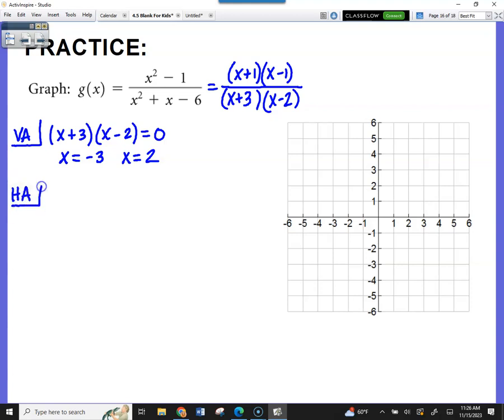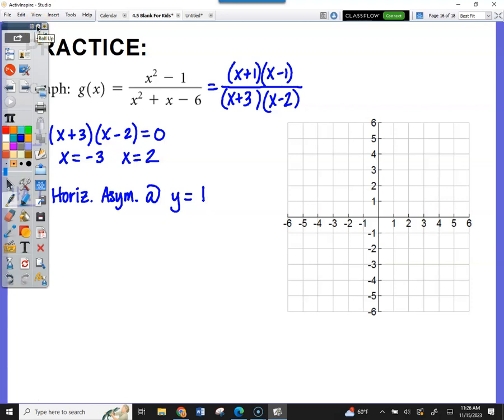Does it have a horizontal asymptote? Yes. Where? You know this one. It has a horizontal asymptote at y equals 1. If you don't remember how to get that, it's a leading term test. You check the degrees. It's one of 3 scenarios.